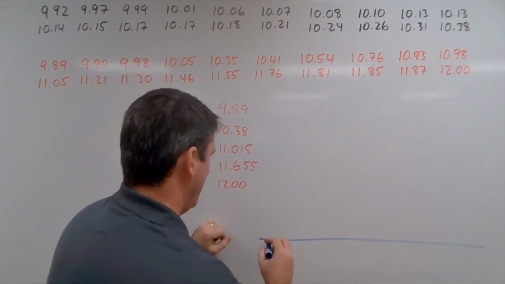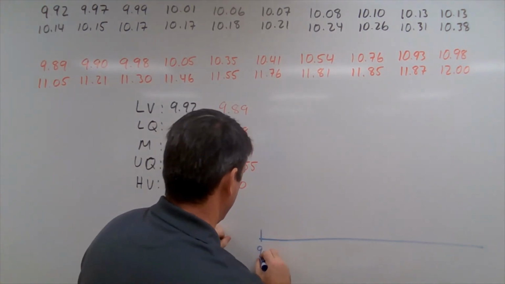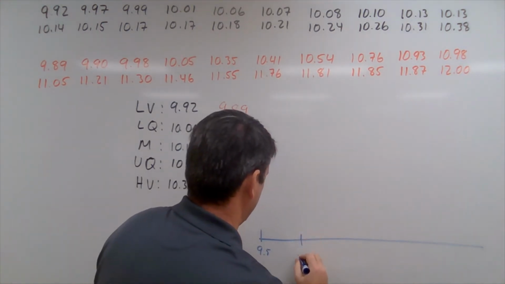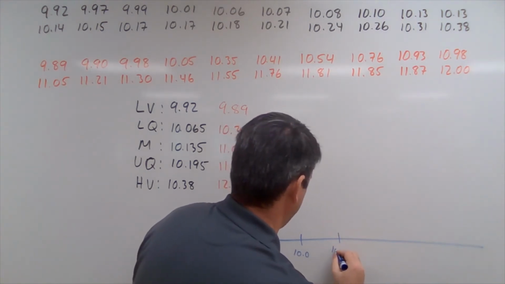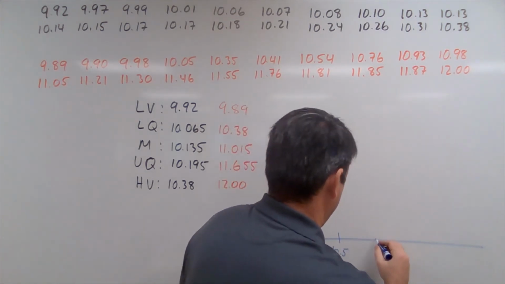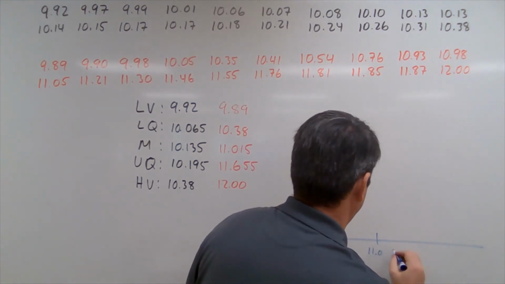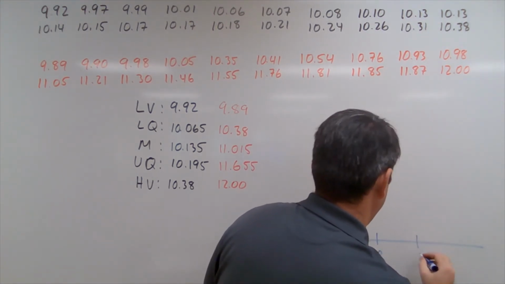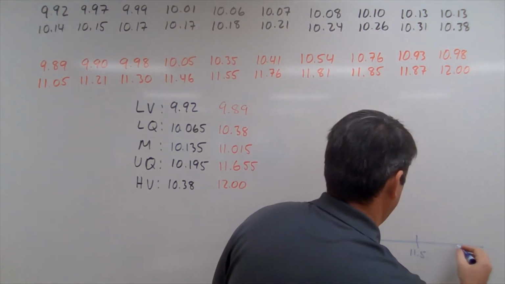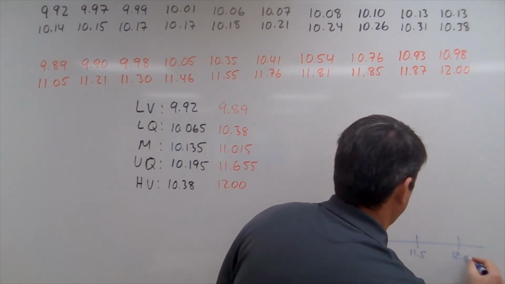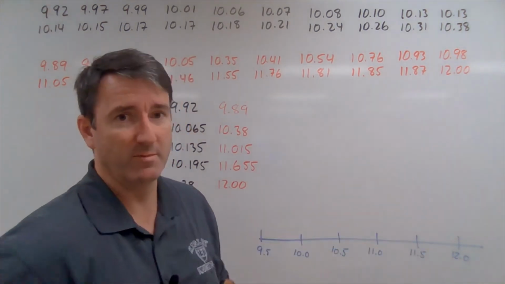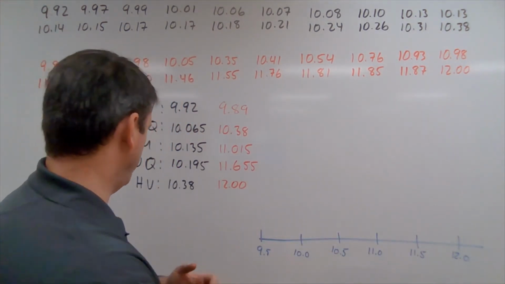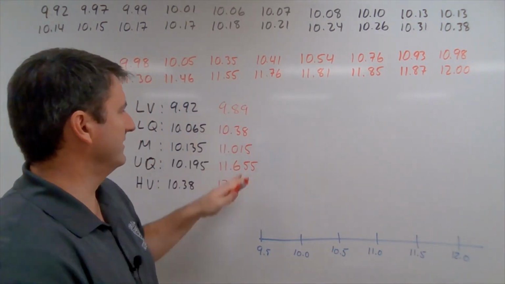So maybe we'll start here at 9.5, and we'll go 10.0, then 10.5, then 11.0, then 11.5, and 12.0. So there's our number line. And then above this number line, we're going to draw our box plots. So let's start by drawing the red one.